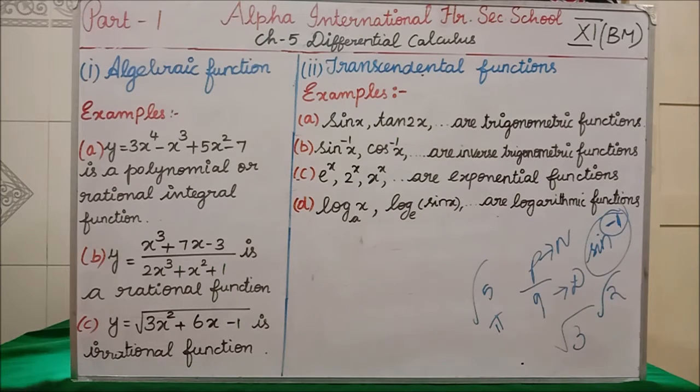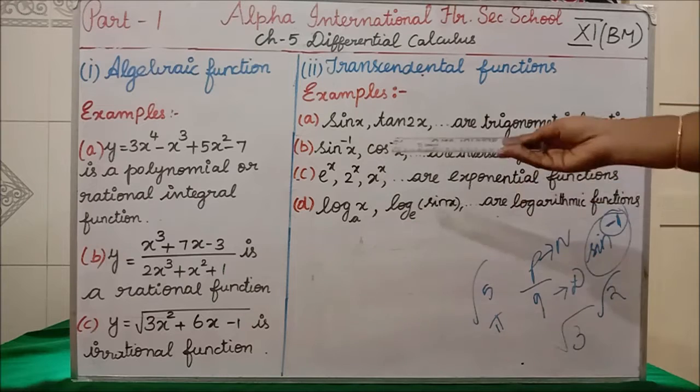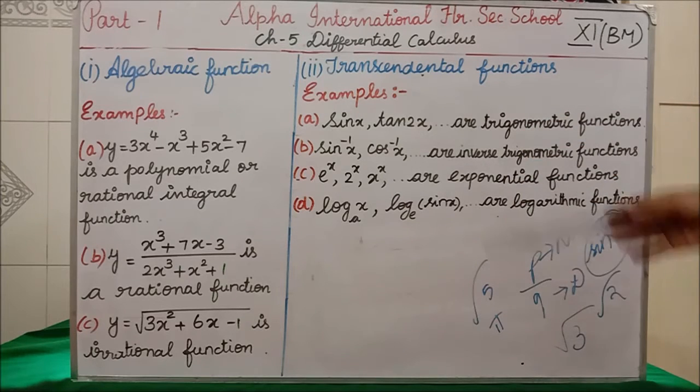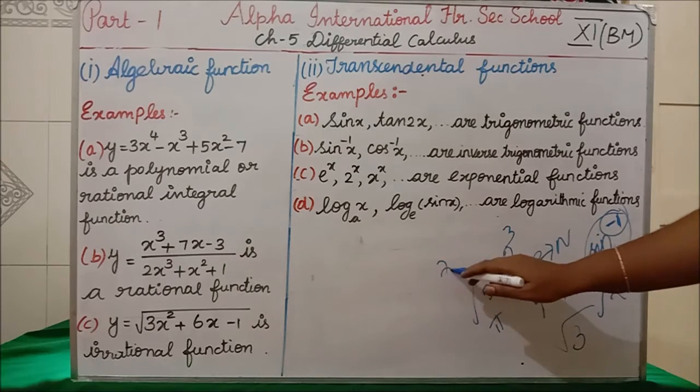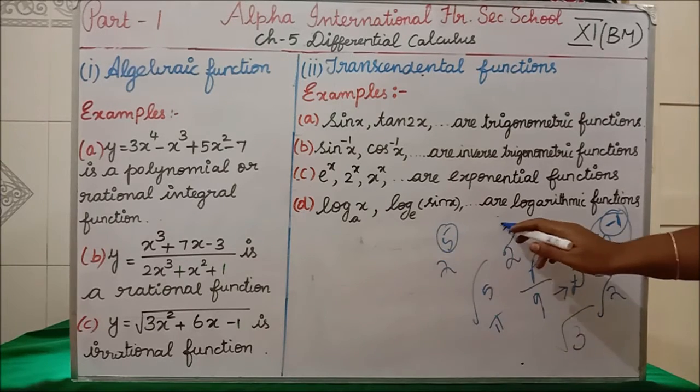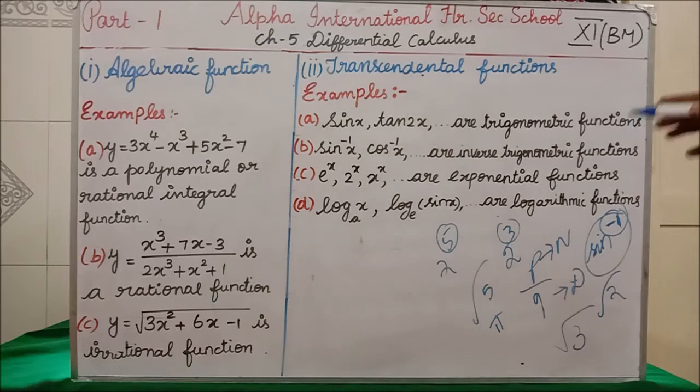Clear? Next, e power x, 2 power x are exponential functions. Exponents means powers. Powers means what? 2 power 3, 2 power 5. These are powers, isn't it? So these are exponential functions.